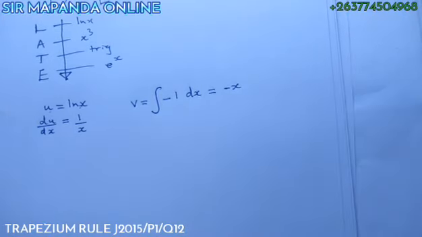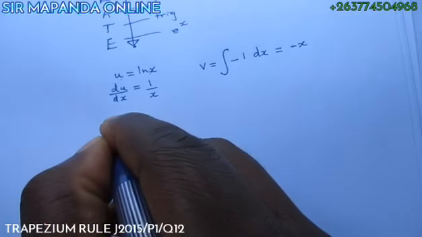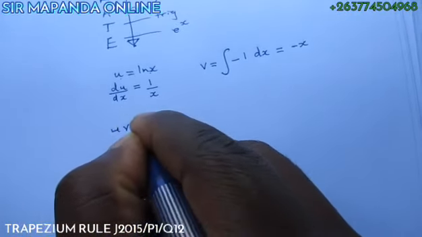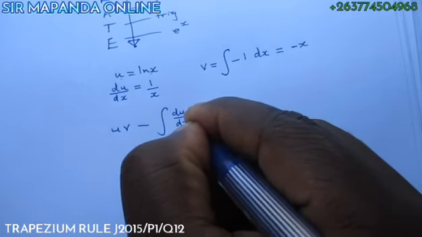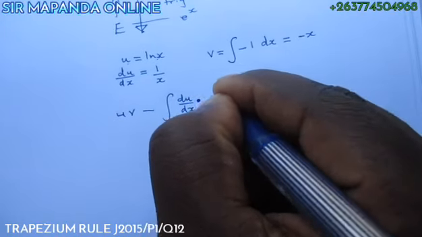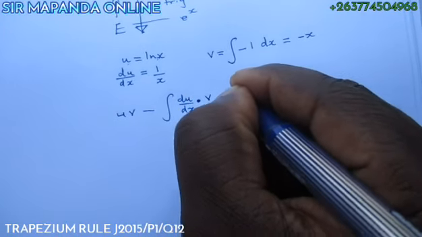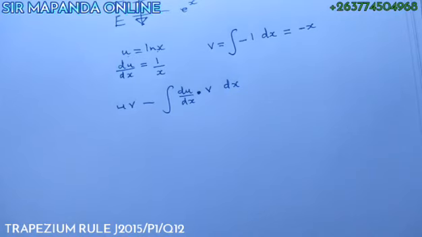This is going to represent your v. I hope you are following. Then after that, you write the formula. Integration by parts is uv minus the integral of du/dx times v dx. So this is the formula for integration by parts. I hope you are following, class.